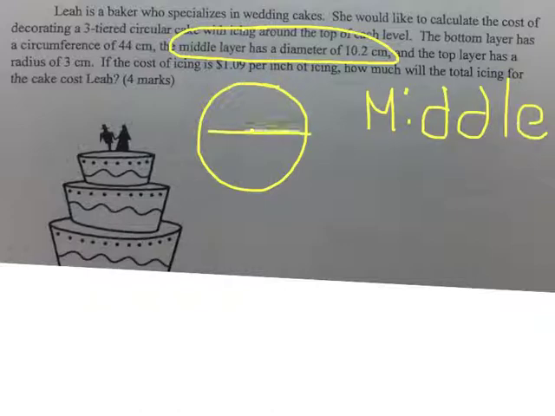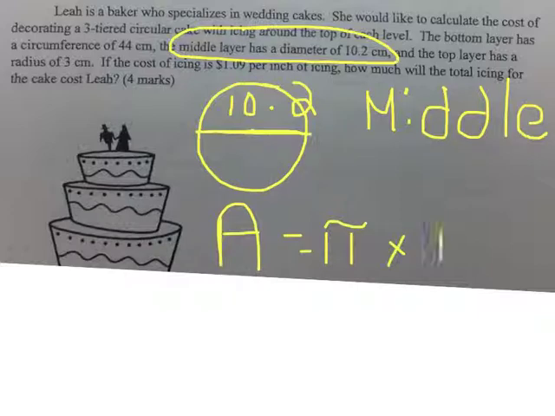I know my diameter goes all the way across, and that's 10.2. But my area for my circle is pi times radius squared. So how do I change my diameter into a radius? Well, if I divide my diameter, 10.2, by 2, I'll get my radius. And that's equal to 5.1.